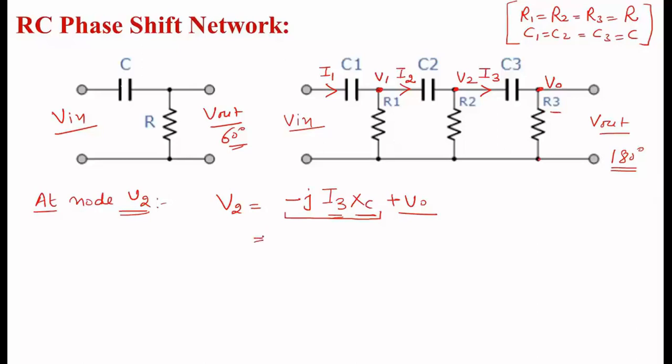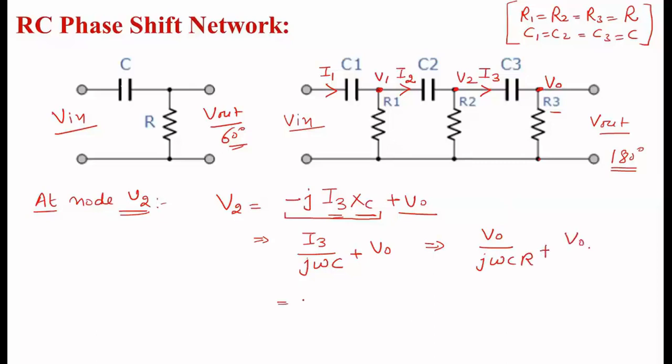This can be written as I3 divided by j omega C plus V naught. Also, the current I3 can be written as V naught by R. So it will be V naught divided by j omega CR plus V naught.